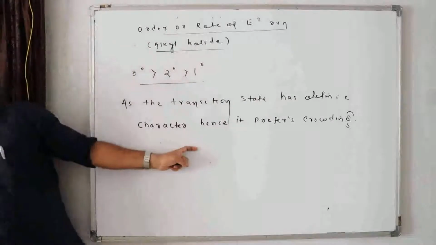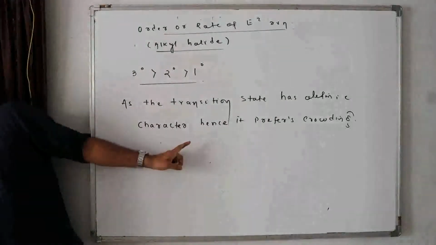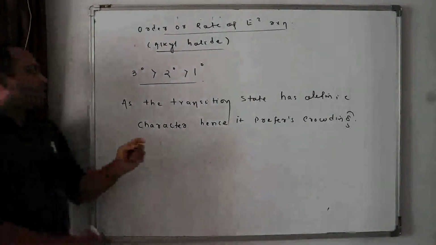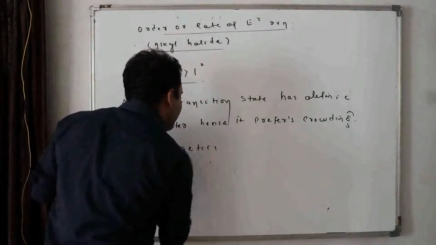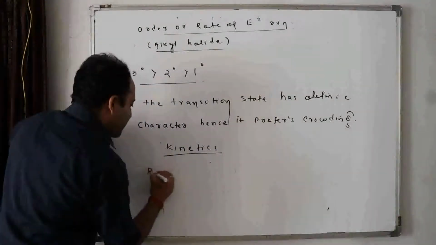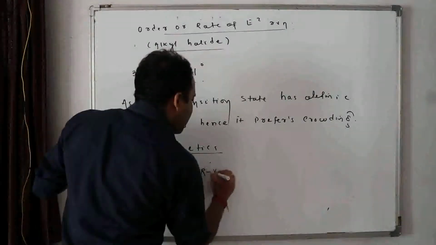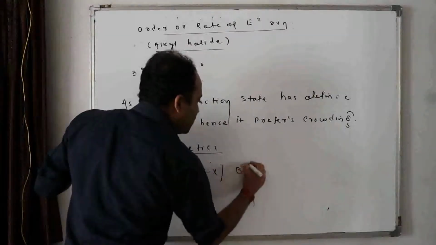So, next, one more thing I want to add here is that the more the crowding, the more is the stability. Did you understand? One more thing I want to add here is kinetics. What are the kinetics here? The rate is proportional to the concentration of the alkyl halide and the concentration of the base.